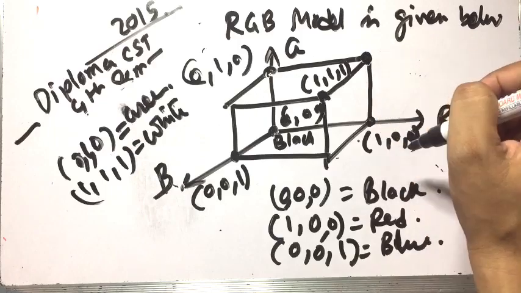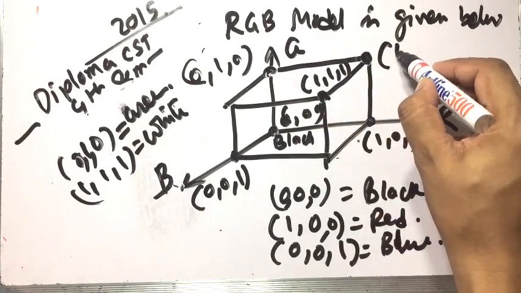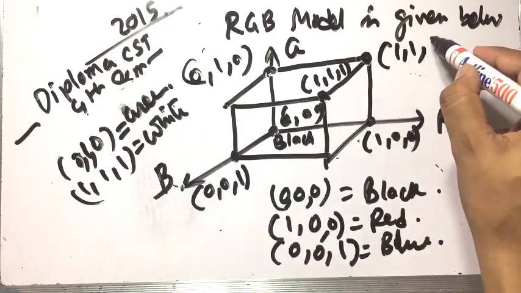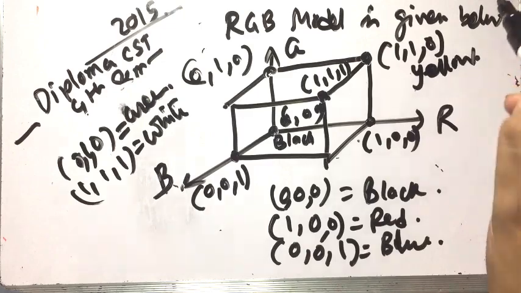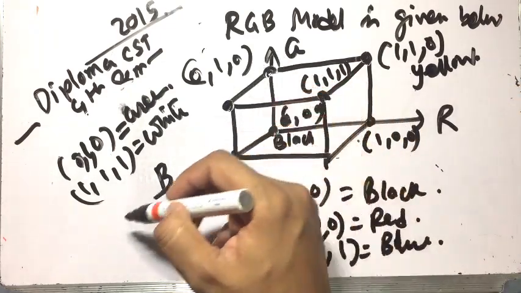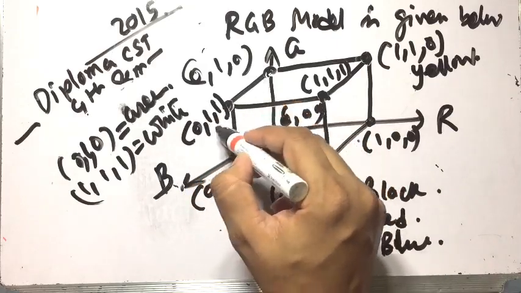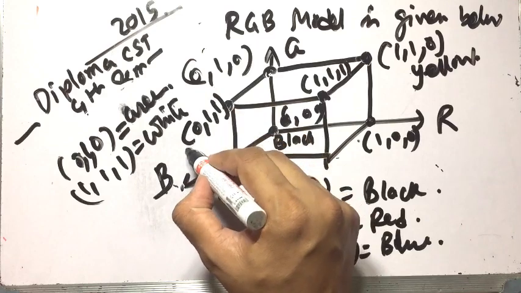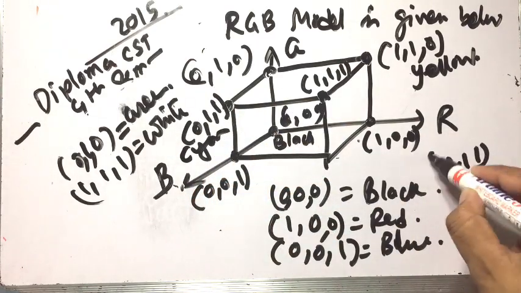Now this color is in the plane of R and G, meaning 1 and 1 are there and no B, that is 1, 1, 0, which is yellow. This color is in the plane of G and B, no red, 0, 1, 1, which is cyan.